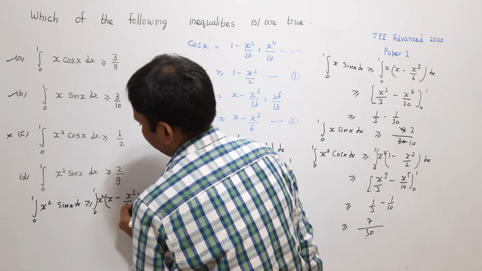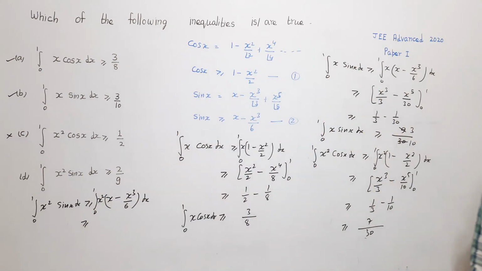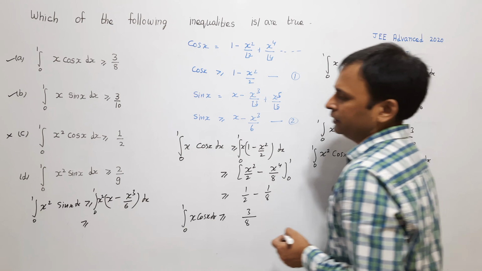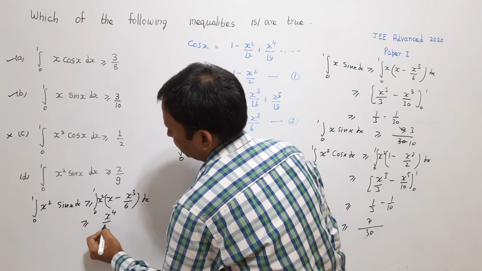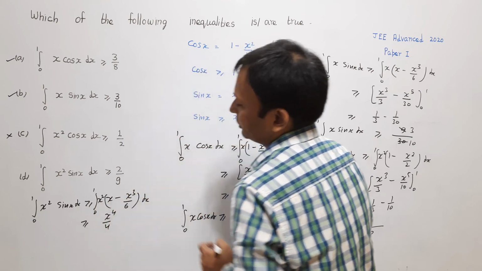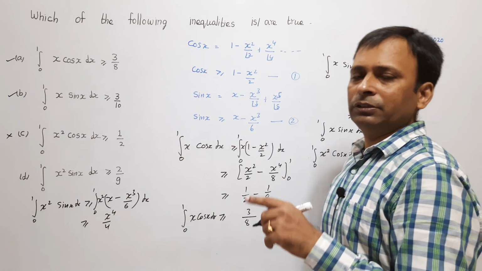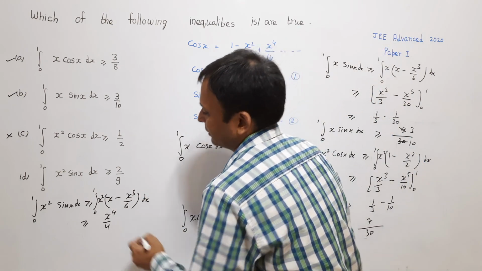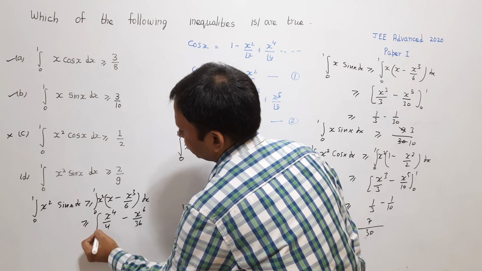So integral taking the limit from 0 to 1, here what I get is the integration of x square into x is x cube, whose integral is x to the power 4 upon 4. So this is x to the power 4 upon 4, and x square into x cube is x to the power 5, whose integral is x to the power 6 upon 6, divided by 6 will be x to the power 6 upon 36.